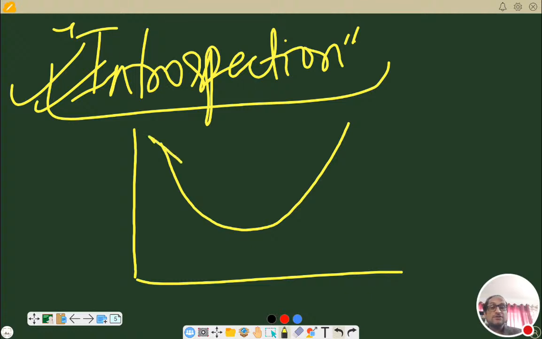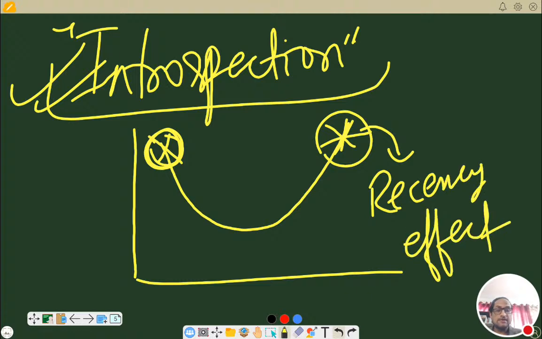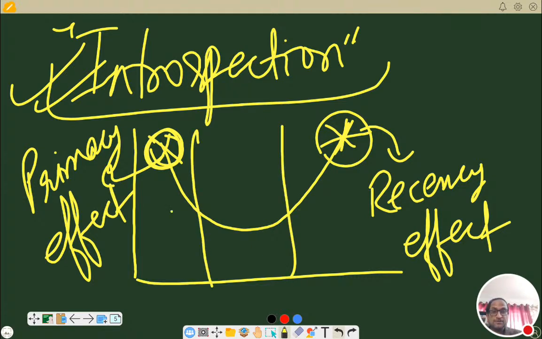The information which you studied initially, the information which you studied in the end, this is recency effect. This is primacy effect. Primacy and recency. The information retained for these two parts is really high, as you can see.